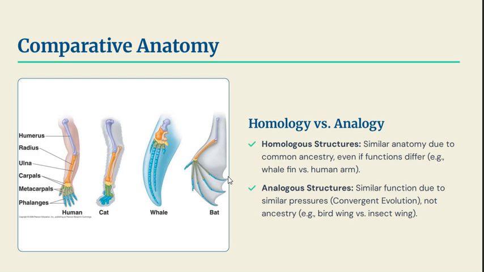Whale fins need to push water, human arms need to grab food for my big mouth. But analogous structures are similar functions due to similar pressures, which is convergent evolution, not ancestry, like bird wings and insect wings. Even though they do basically the same thing, they do not come from a common ancestor.